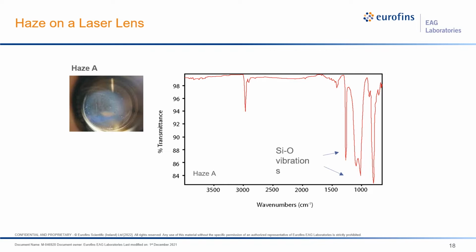And so when we obtain a spectrum, we clearly see a series of peaks, and these peaks generally correspond to silicon-oxygen vibrations. Again, one of the things that we consider is the location of the peak positions, as well as peak intensities. So here, these particular peaks correspond to SiO vibrations.